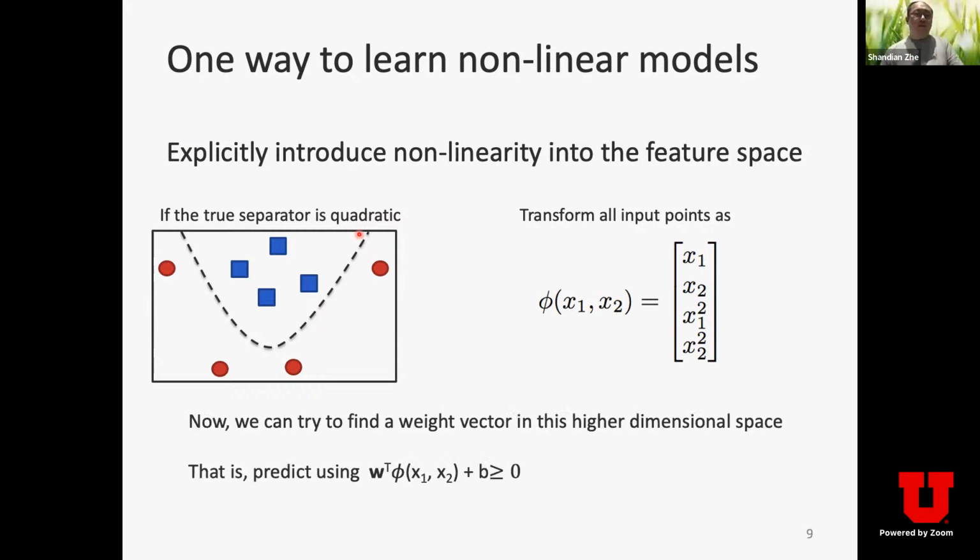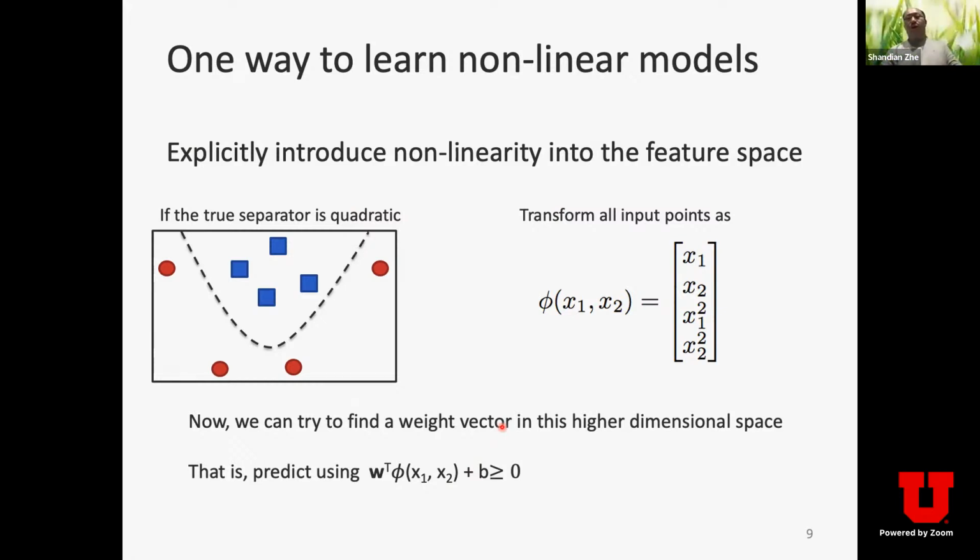If we can find such a space, then our task is just to identify the weight vector and bias parameter in this higher dimensional space. That's the idea. This is how we're going to extend support vector machines to nonlinear classifiers as well.